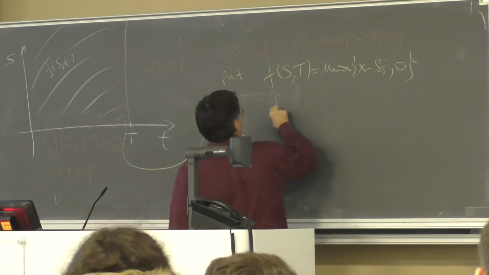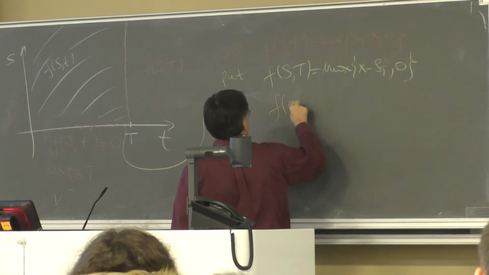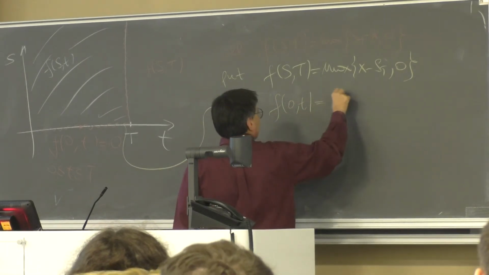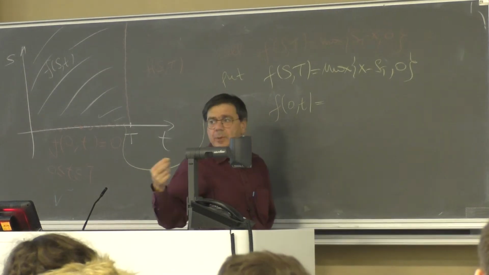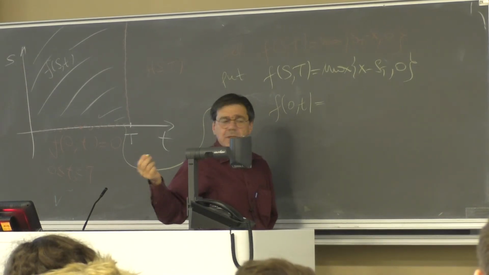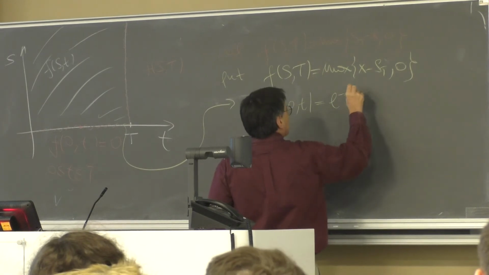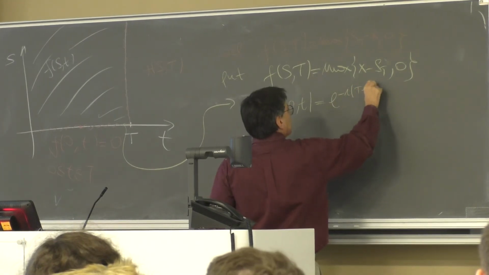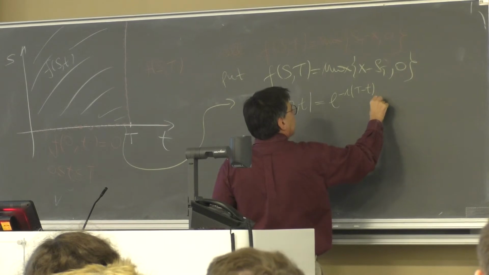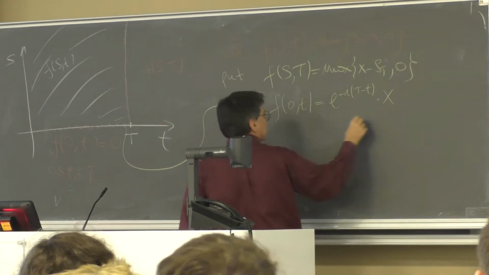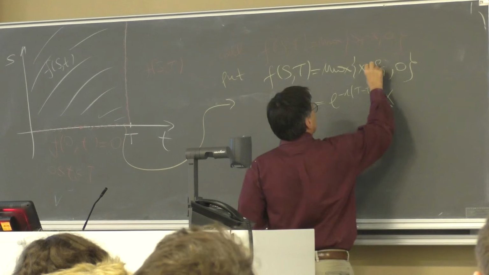So now f of 0, t is the present value of what you're going to get for sure at expiration, which is x. So it's e to the minus interest rate times time to expiration, which is big T minus little t, times x, where x is the strike price, I should have said.